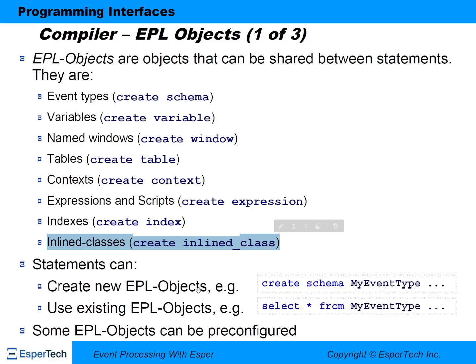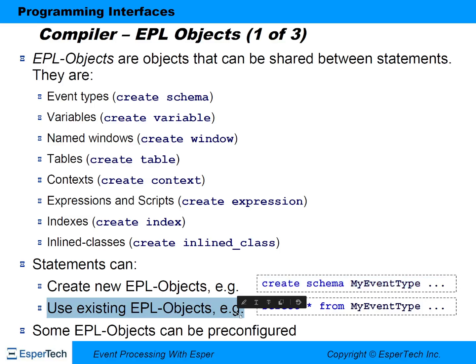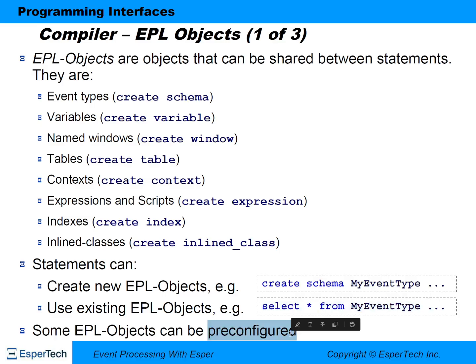A statement can create a new EPL object. For instance, create schema MyEventType. A statement can use existing EPL objects. For instance, select star from MyEventType. Some EPL objects can be preconfigured.